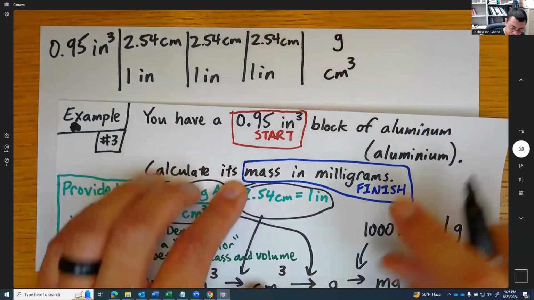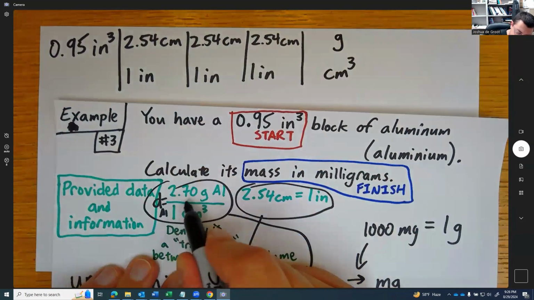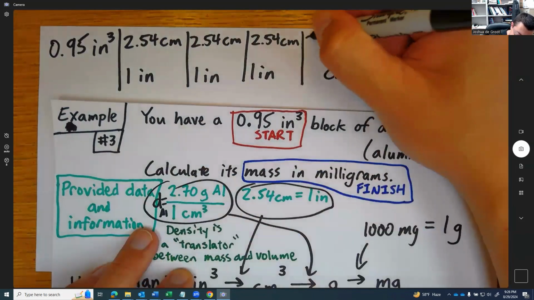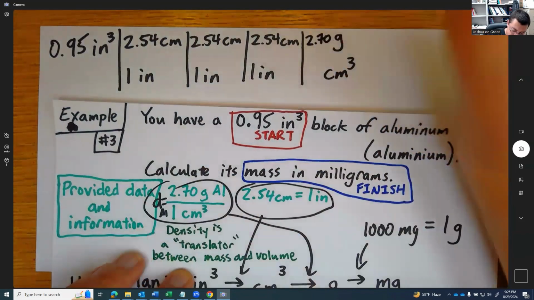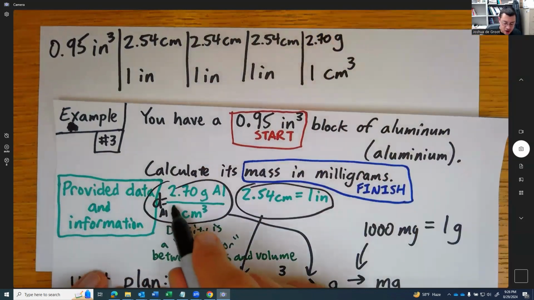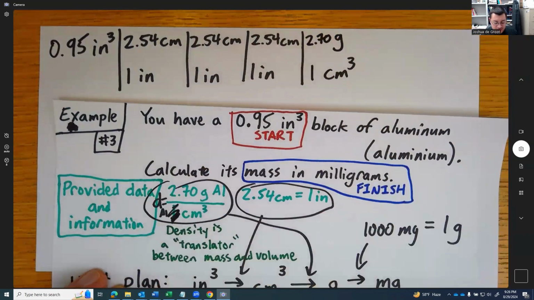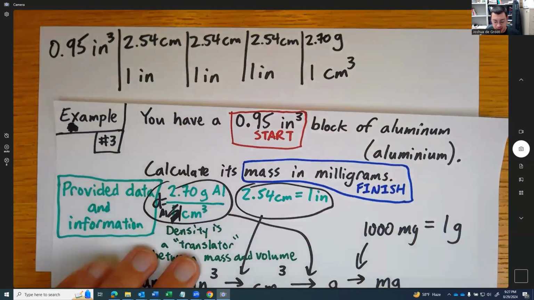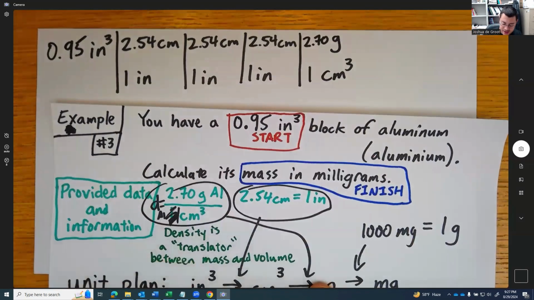Now I can just drop in those numbers. So I got 2.70, and then I have the 1. Densities aren't always written with the 1 at the bottom, but if it's not written, you can infer that there's a 1 there.